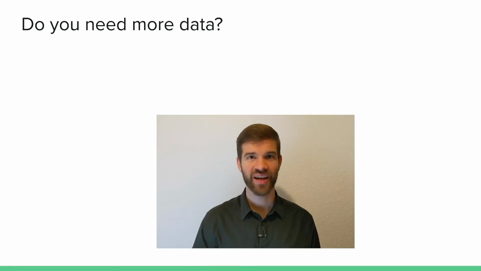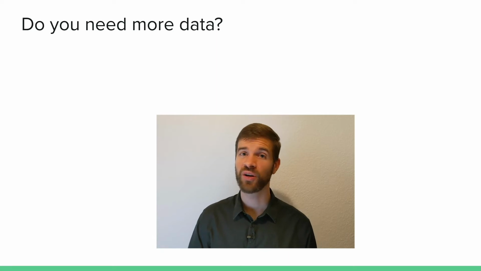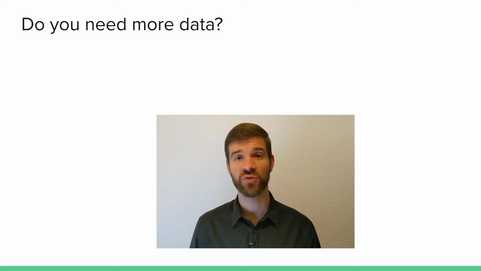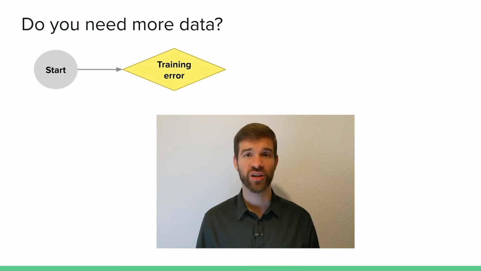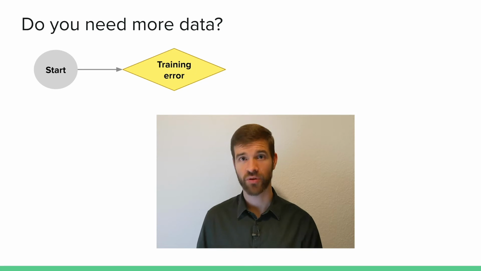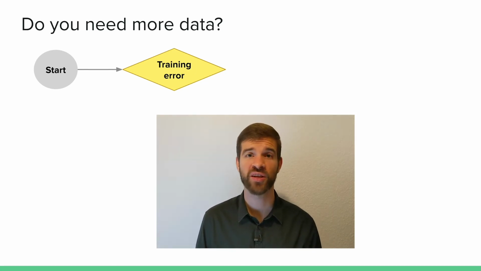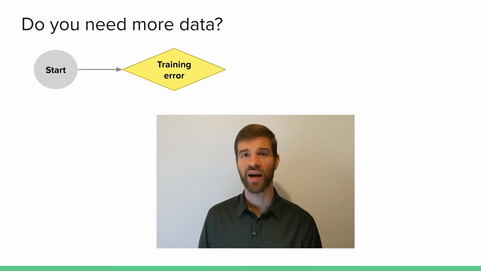So here is a small guideline for answering the question whether you need more data or not. Usually you should start with whatever training set you have, perform some hyperparameter optimization on your validation set, and you get a certain training error.